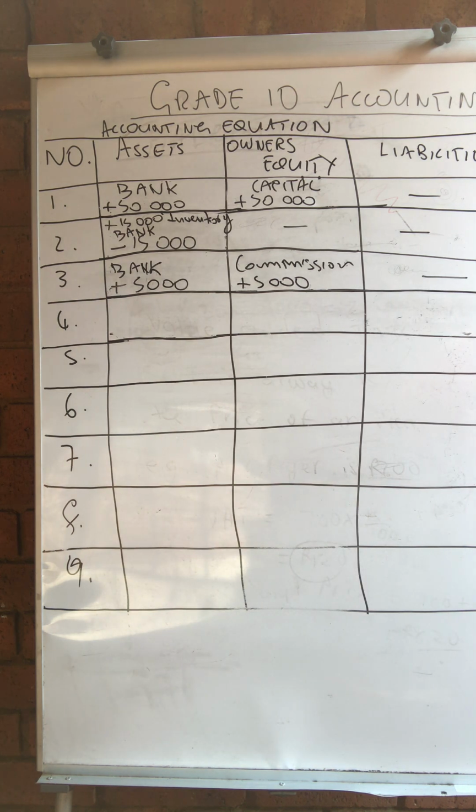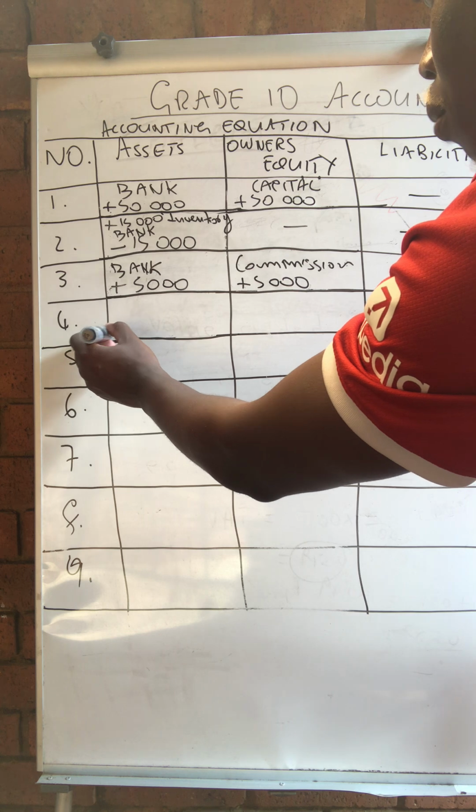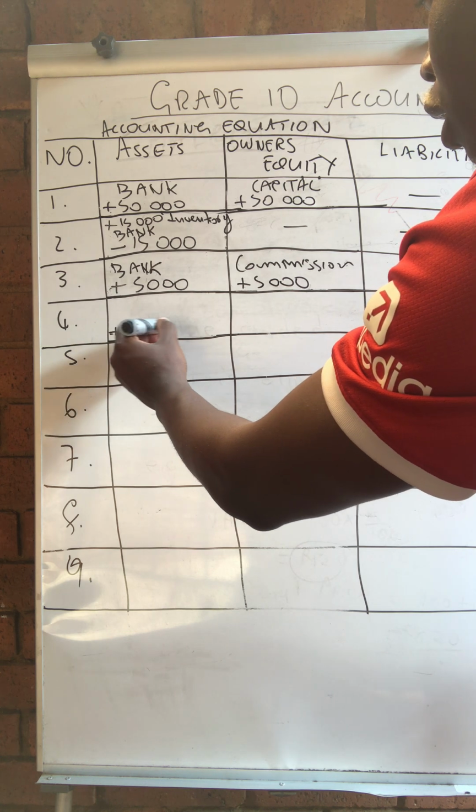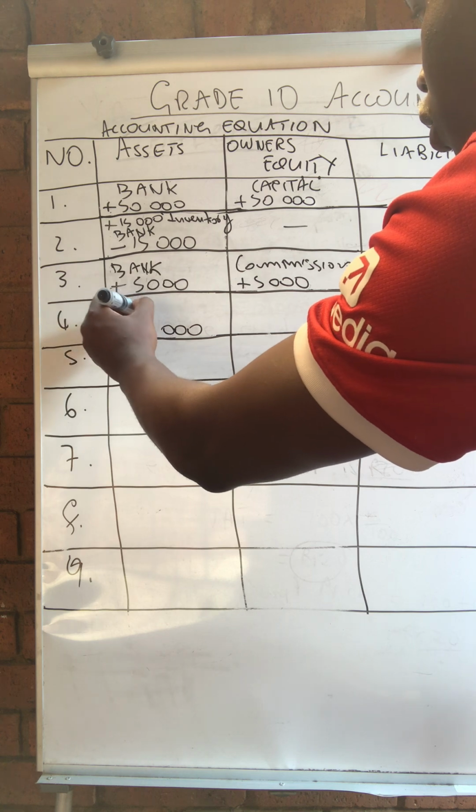Let's go to transaction 4. The business purchased a delivery van on credit for 100,000 rands. We said our cars, our land and buildings and so on, those are our assets. So when you're buying a car, that means our assets are increasing. So we come here, we say plus 100,000 rands, and that is for your vehicles.